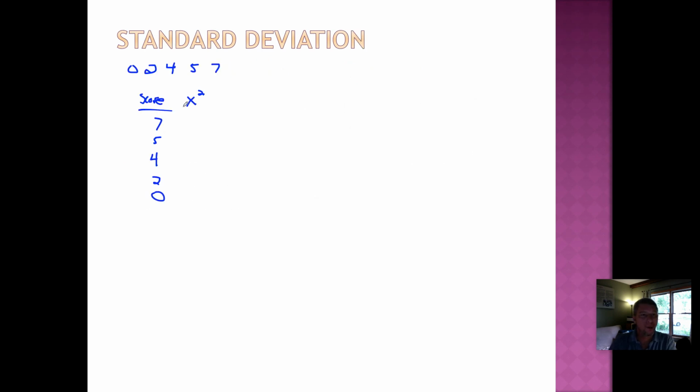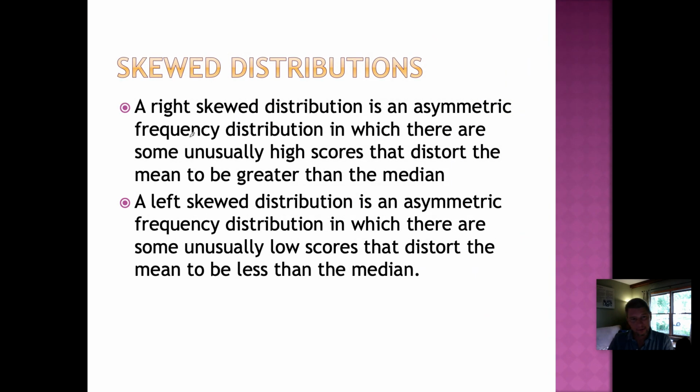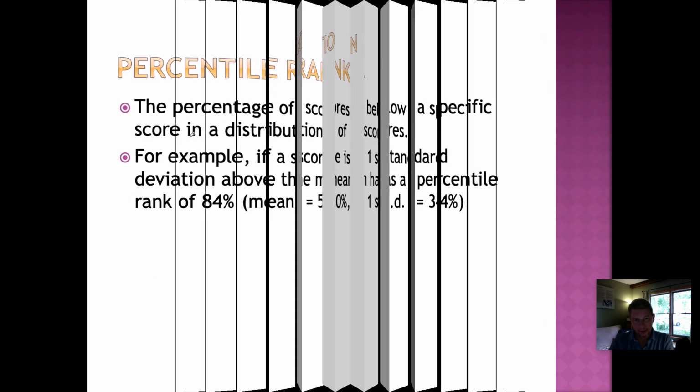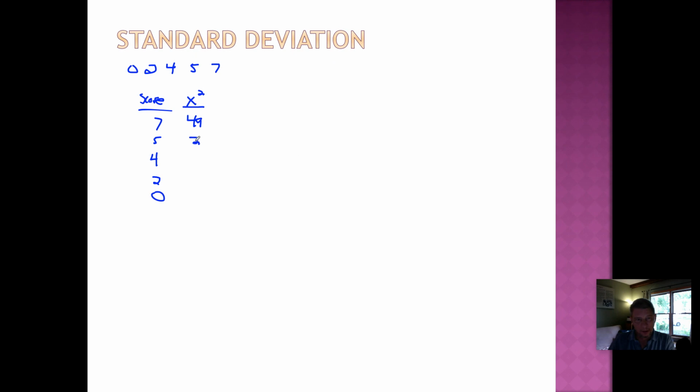My value of x squared: 7 squared is 49. 5 squared is 25. 4 squared is 16. 2 squared is 4. 0 squared is 0.